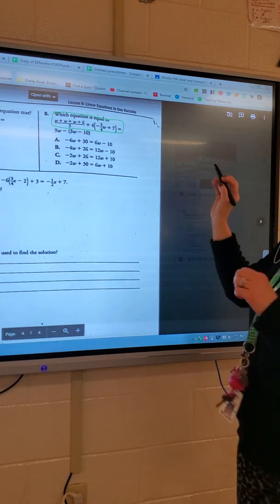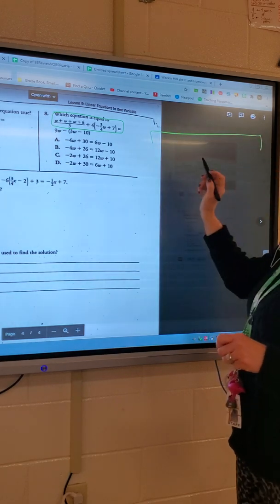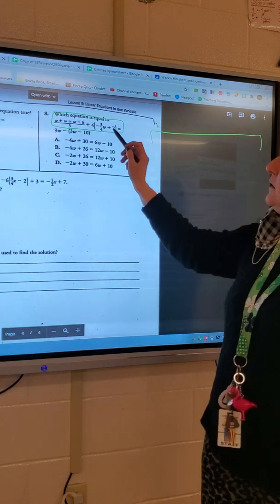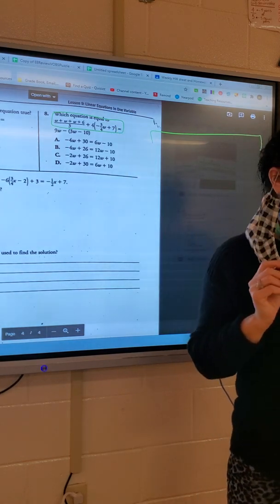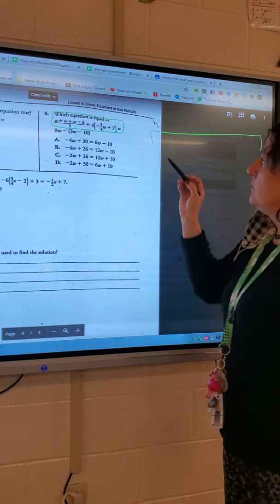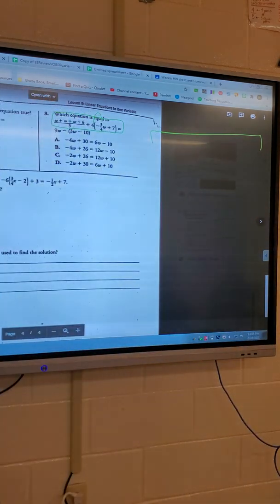We're going to work with these as two separate entities. I'm not rewriting all that. But what do we know we have to do first, based on our little list over here? We have to distribute. So negative 4 times negative 3/4.